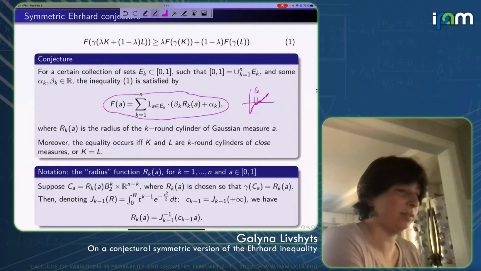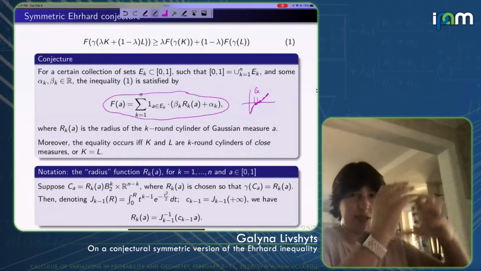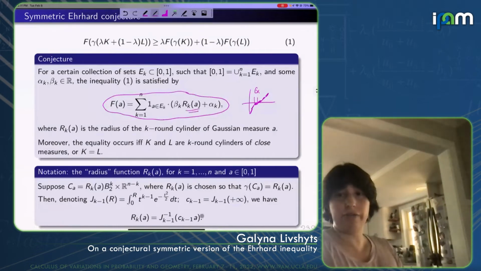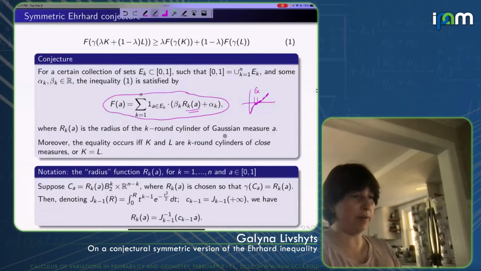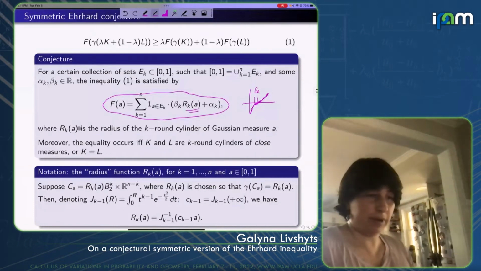We have a collection of intervals E_k, and on each interval the function is some dilation and shift of the function that I call R_k of A, where R_k of A is the radius of the k-round cylinder of Gaussian measure A. So what do I mean by the radius of the k-round cylinder?